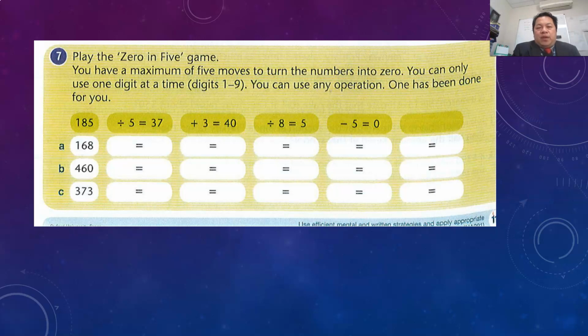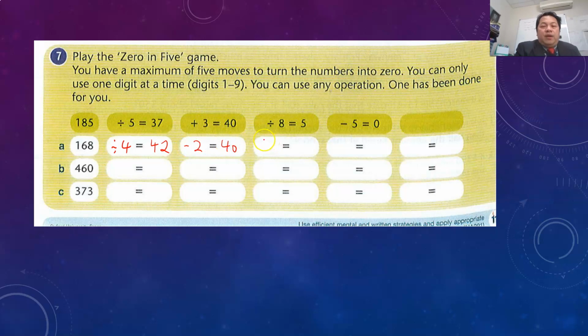For the first one, for example, how do I actually get it to 0? What can I do? Maybe I can say I want to divide by 4. By 4 I will have 42. Then 42 minus 2, I get 40.